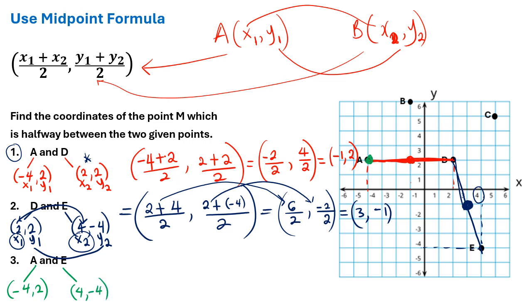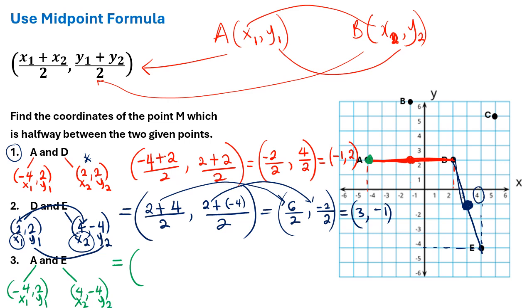All right, so we are going to plug into the formula and see what we are getting. Following the formula, which is x subscript 1 plus x subscript 2, so this is x subscript 1, y subscript 1, x subscript 2, and y subscript 2.